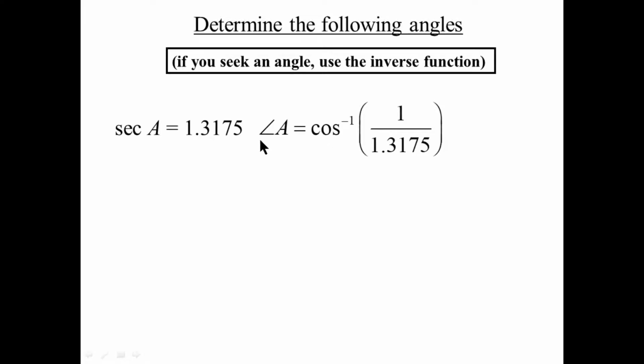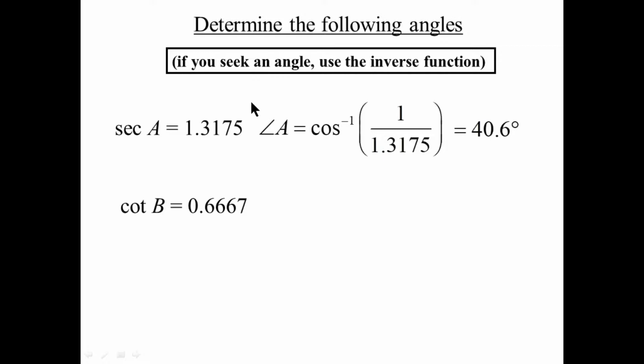We'll say inverse cosine, but since we took the mutually reciprocal mate, we have to take the reciprocal. So it'll be inverse cosine of the reciprocal of 1.3175. And try that on a calculator and get 40.6 degrees.